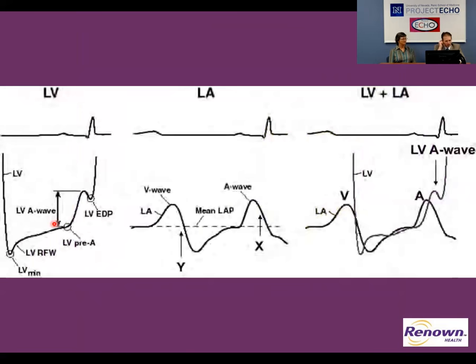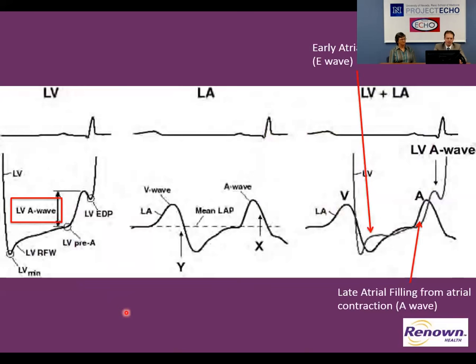So in cardiology, we love hemodynamics, and this is a tracing of the pressure waveform in a left ventricle, the left atrium, and then we put them together to highlight the idea of what in the heck is actually happening during filling and diastole, right? And so you have this A wave, you have early filling and late filling.